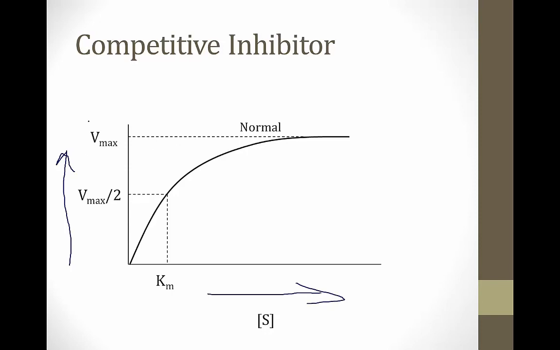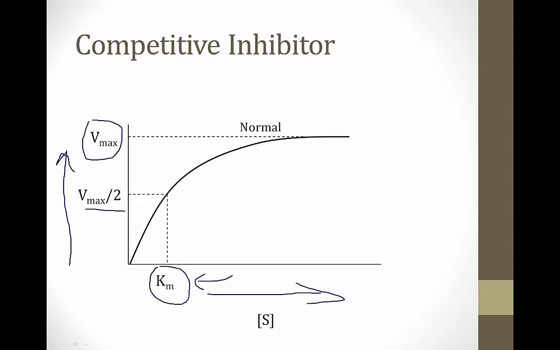The first one is the Vmax, or the maximum velocity of the reaction that can occur in the presence of that enzyme. The other is the Michaelis constant, K sub m. To determine the Michaelis constant, you go to the point along the y-axis that is Vmax divided by 2. Whatever substrate concentration correlates with that point is the K sub m, or the Michaelis constant for that enzyme.